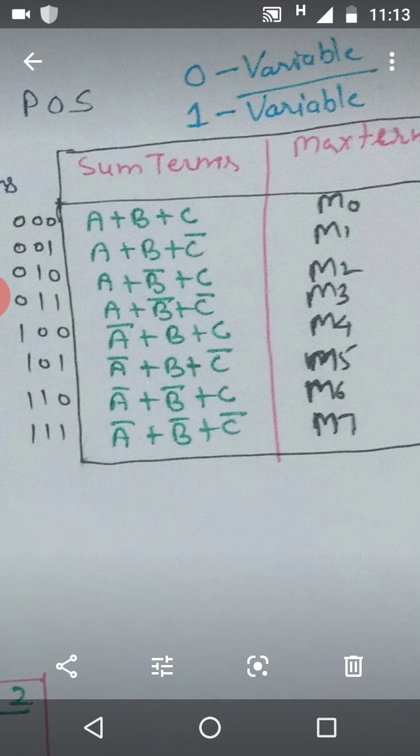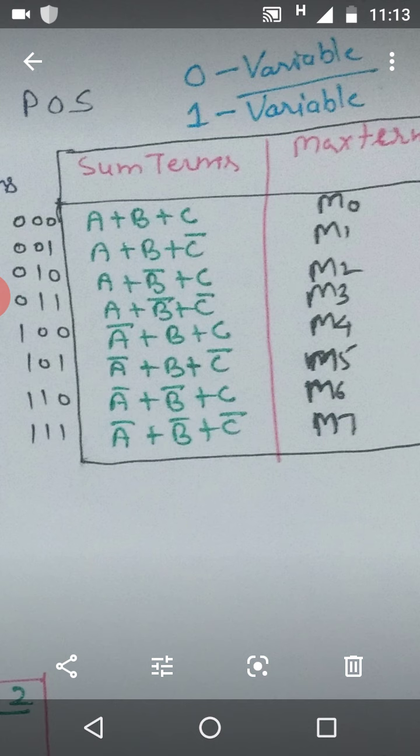So 000 means A plus B plus C, 001 is A plus B plus C bar, 010 is A plus B bar plus C, 011 is A plus B bar plus C bar, 100 is A bar plus B plus C, 101 is A bar plus B plus C bar, 110 is A bar plus B bar plus C, and all ones is A bar plus B bar plus C bar. So these are the total 8 sum terms that occur when we have 3 variables.